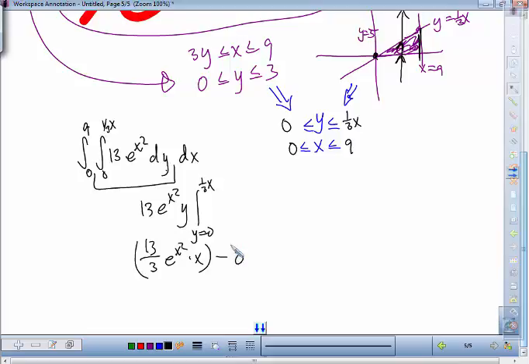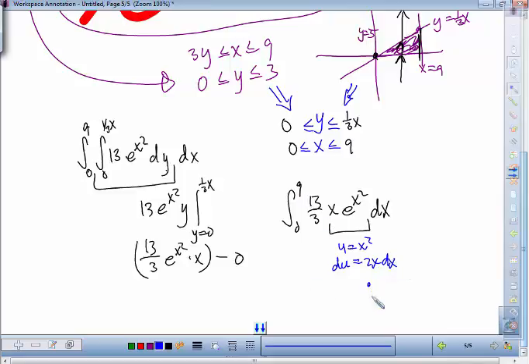And so now you're going to integrate from 0 to 9, 13 over 3 x e to the x squared dx. So 13 over 3 is a constant. For this little bit over here, you're going to do a simple u substitution. Cancel the x. And now can I put dot, dot, dot here and say it's doable, unlike the first two tries that we had.